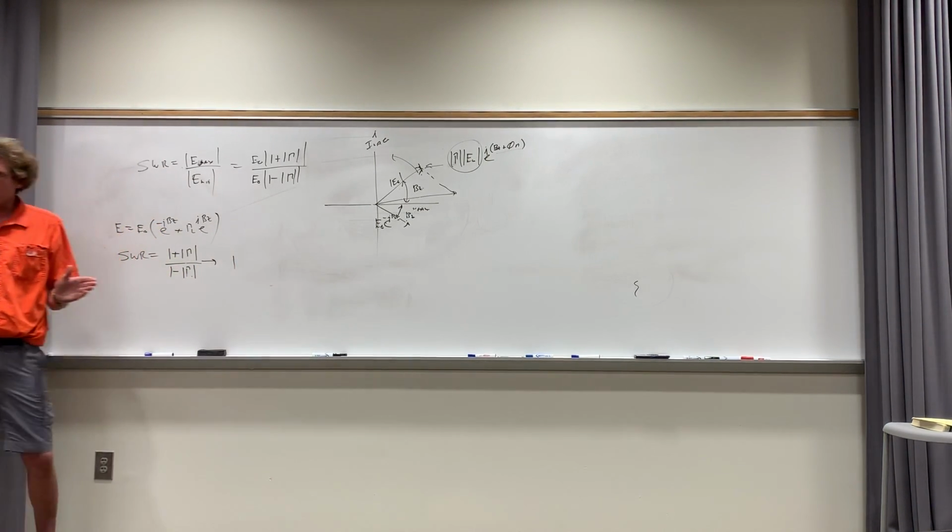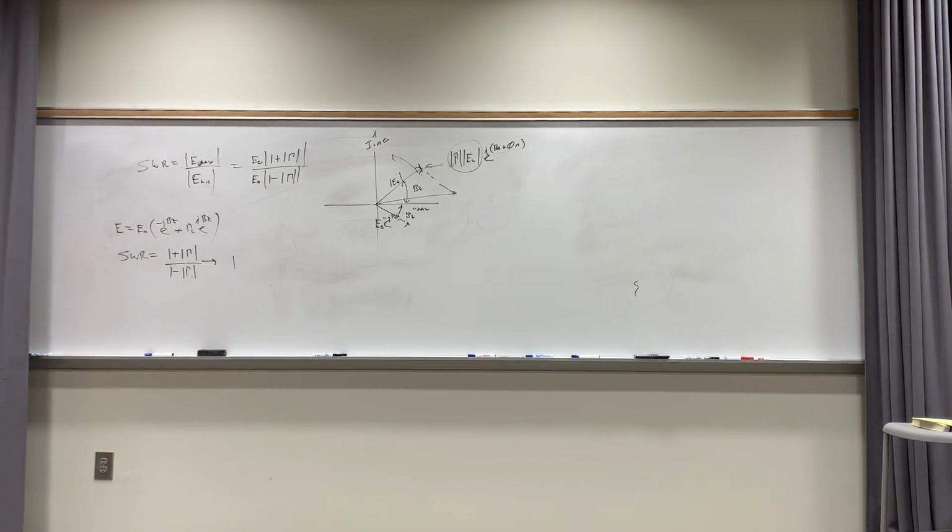But what's the maximum value? Look at gamma. Gamma is a reflection coefficient, right? It can go to 1 too, right? Or minus 1, right? So what happens? Well, when gamma is plus or minus 1, then the standing wave ratio goes to infinity. You all see that? So just remember that.